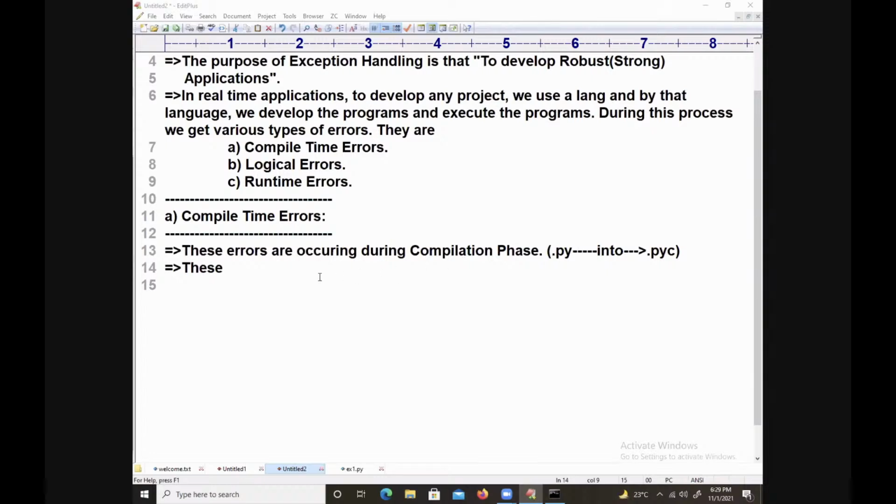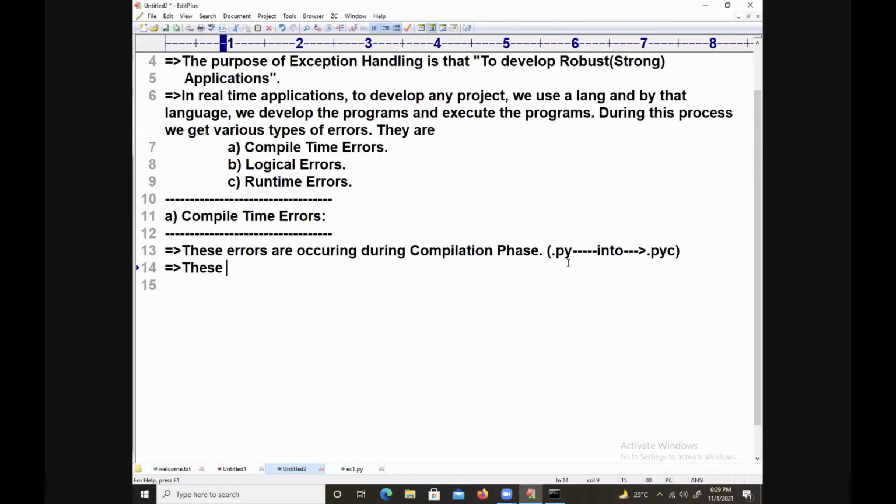Why are these errors coming? Due to wrong syntaxes.